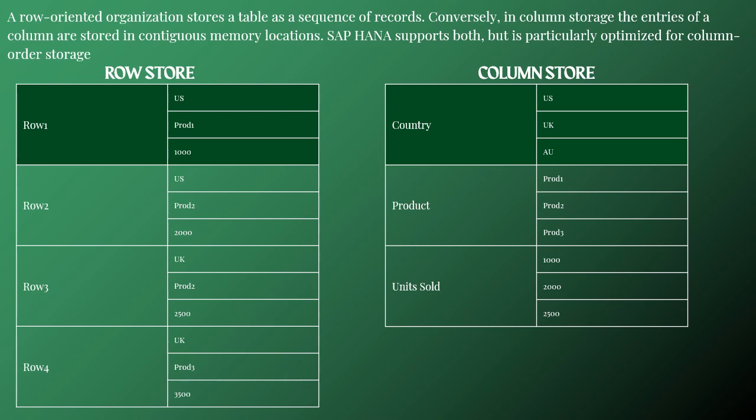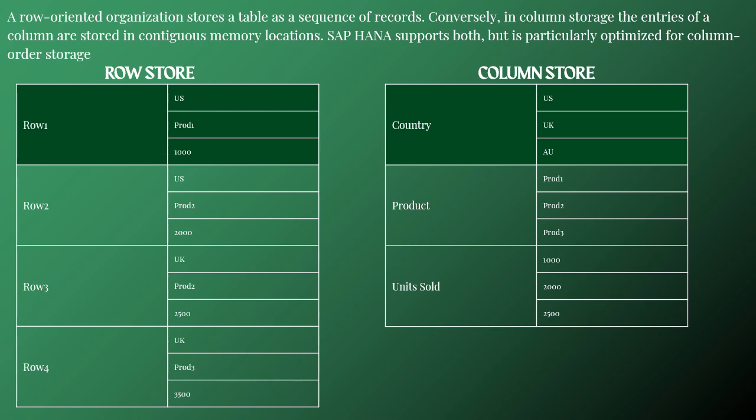So in this case, if let's say there are 10 unique values in the country column, you can only store 10 values of that country column. Whereas that is not the case in a row store, right? You really need to store each row's values, irrespective of whether a value in a particular column is repeated or not. So that is one advantage of the columnar store.